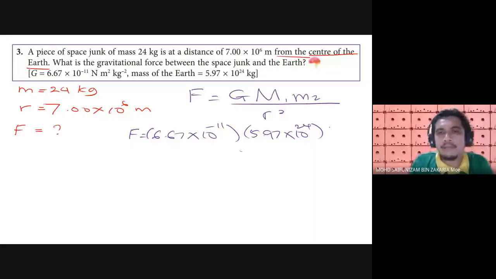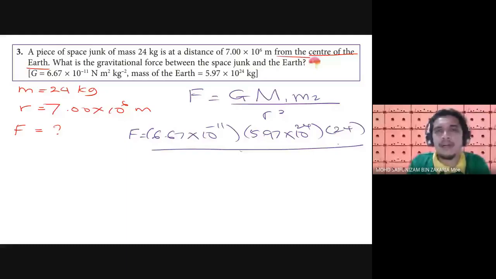Divide by R squared, where small r is the distance from the center of Earth, 7 times 10 to the power of 6, squared.